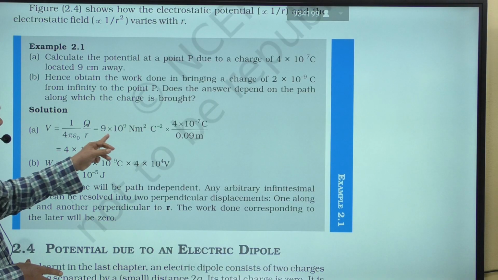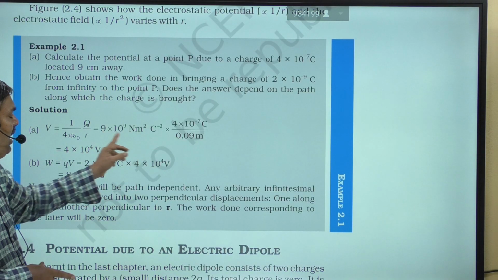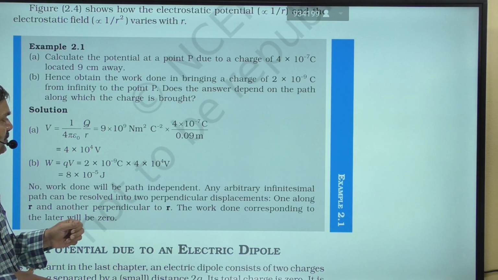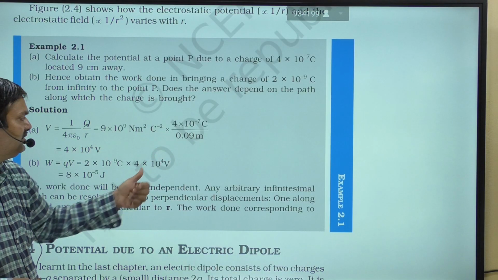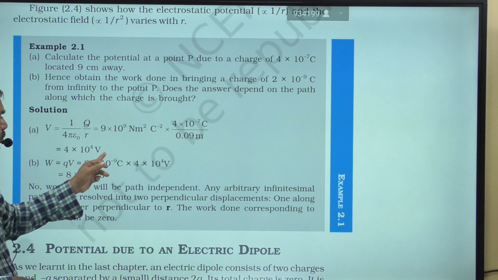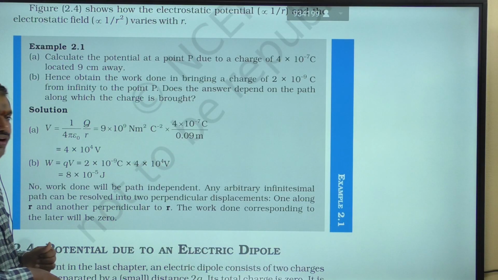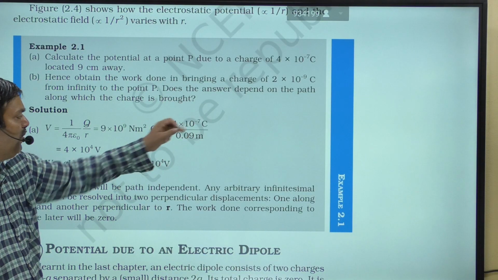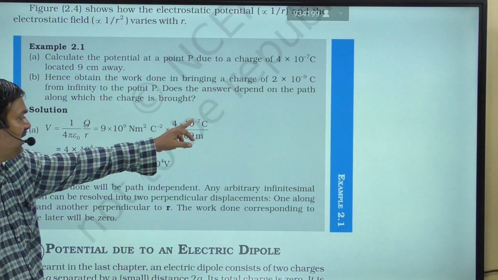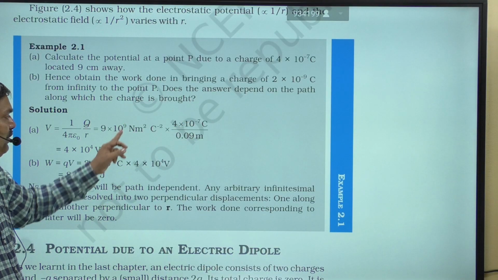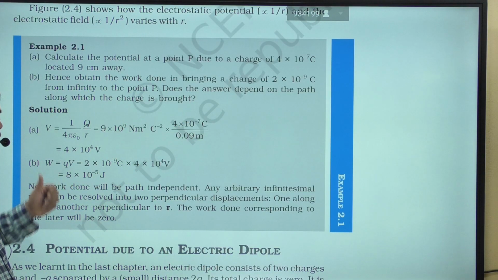So the 9s cancel, leaving 9 into 10 power minus 2 in the denominator. Combining 10 power minus 7 and 10 power 9 with 10 power minus 2 gives 10 power 4. So 4 into 10 power 4 volt is the potential at a point located 9 centimeters away from the charge.